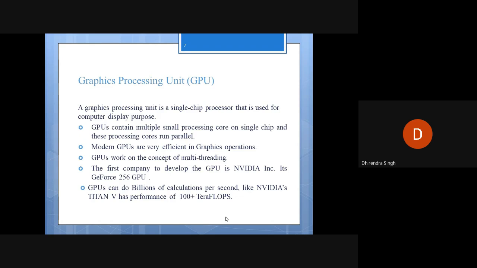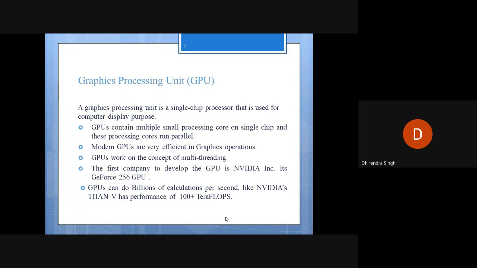These days the accelerator which we are using is a graphics processing unit, our GPU. So what is this GPU, and why did it come into the picture? This GPU came into the picture because of the gaming industry. These graphics processors were initially created for graphics operations, and we were using them for video games which have very rich visuals.